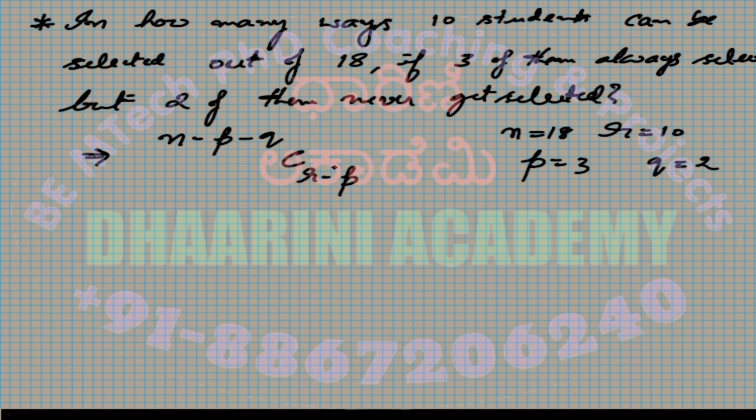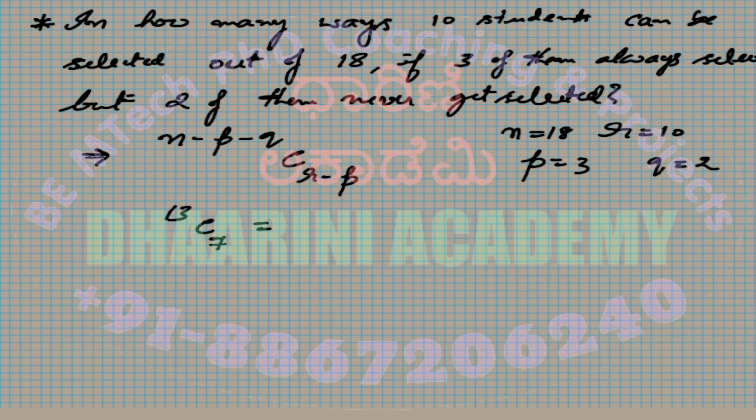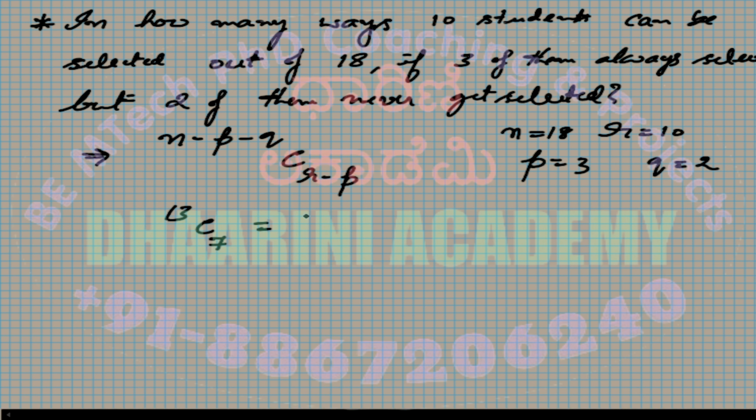So n minus p minus q is 18 minus 5, that is 13. 13C r minus p, so 10 minus 3 is 7. So this is what you need to calculate. This is equal to 1760.